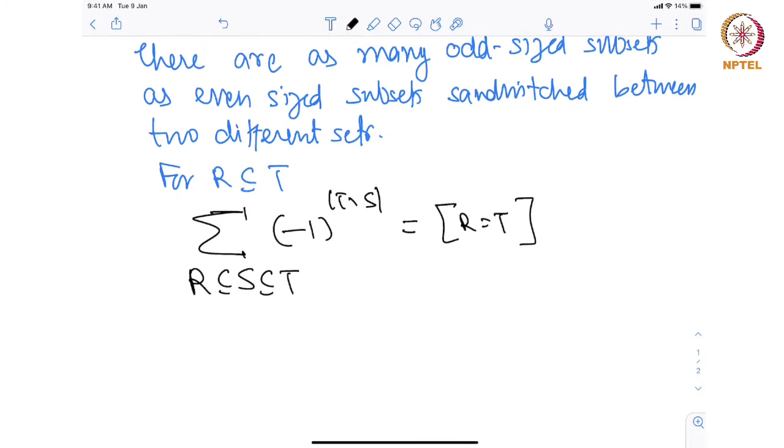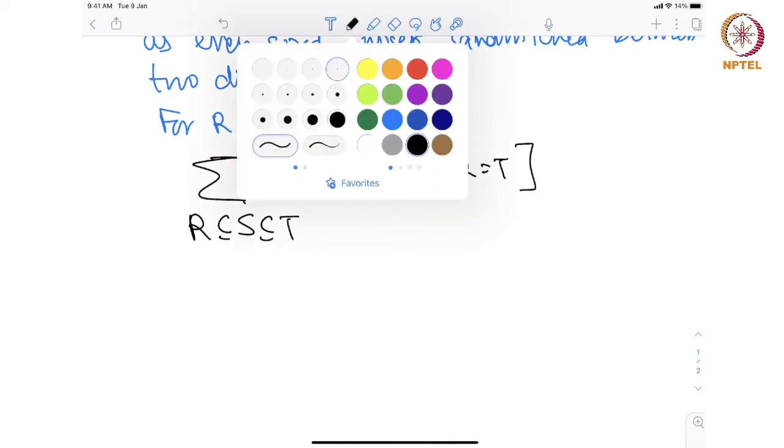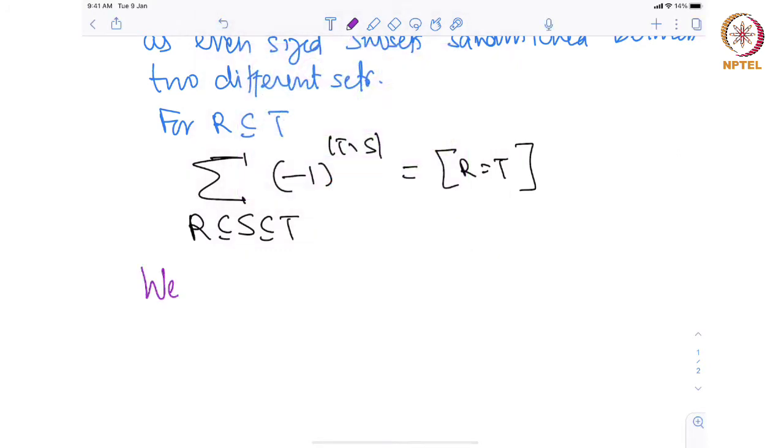This is what is called the Iverson notation.